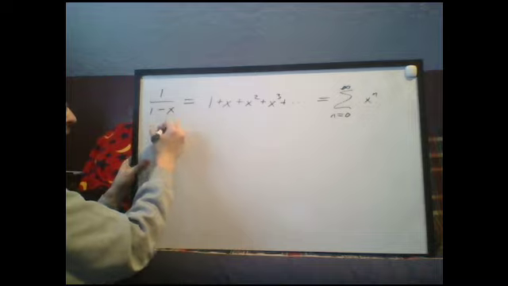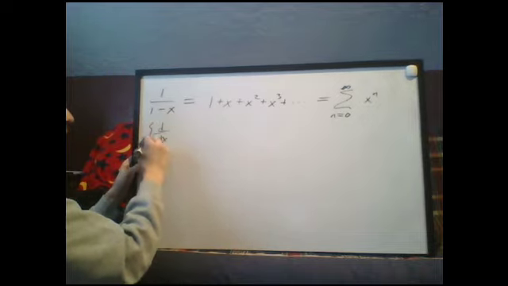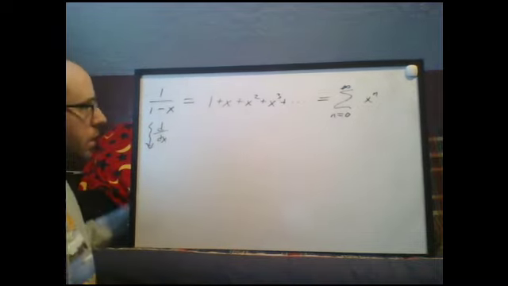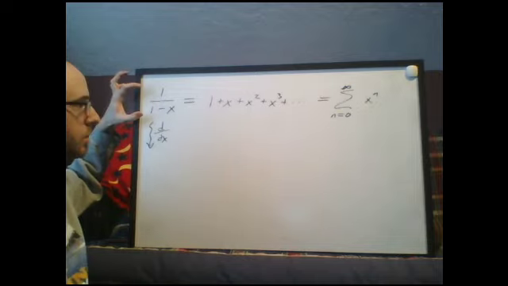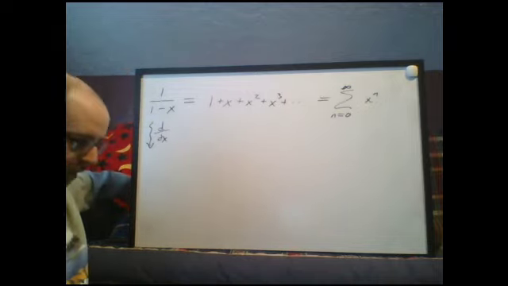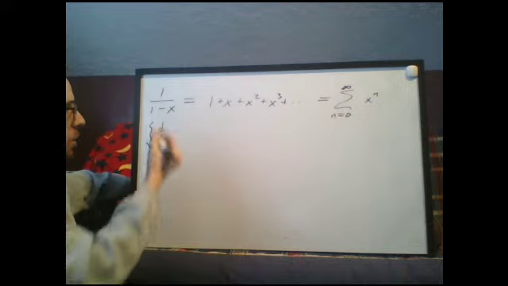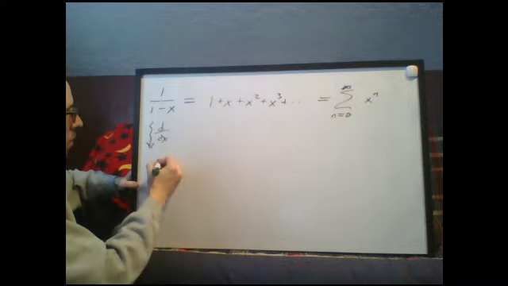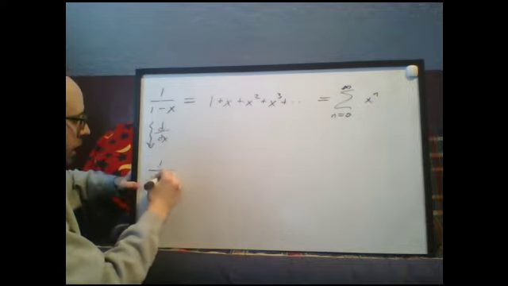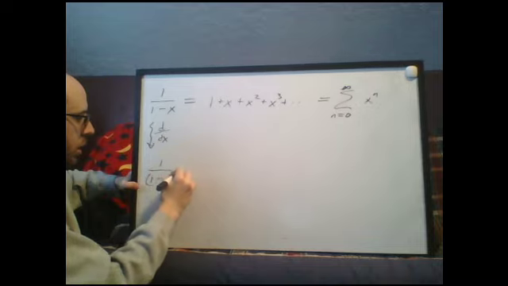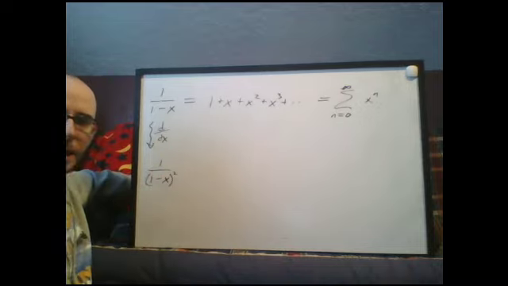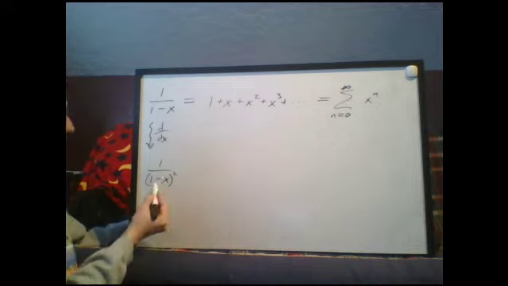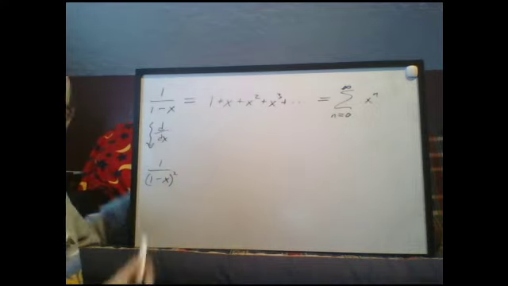So let's take the derivative of this. The derivative of this function would be, by the chain rule, 1 over 1 minus x quantity squared. The minus signs would cancel: 1 from this minus sign, 1 from the negative 1 power.